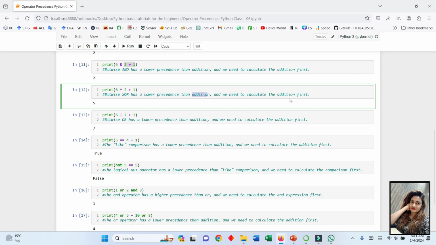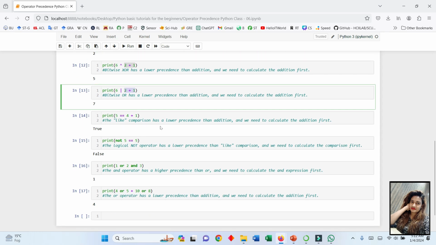First we need to calculate the addition, then the bitwise operator will work. The same goes for OR, which has a lower precedence. In this way we do the addition first, then the OR operation.